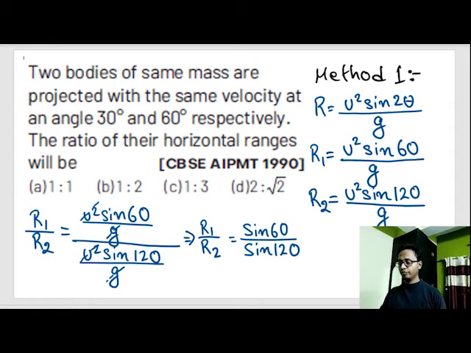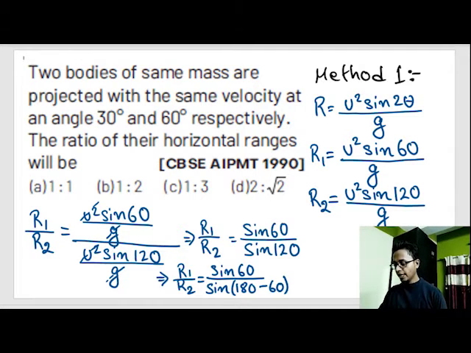We already know that sine 120 can be written as sine 180 minus 60, and sine 180 minus 60 is nothing but sine 60.